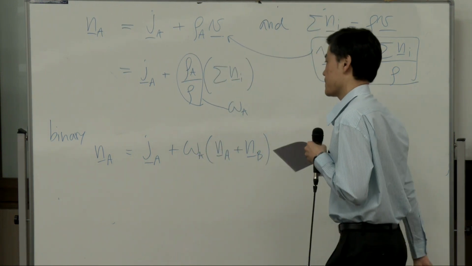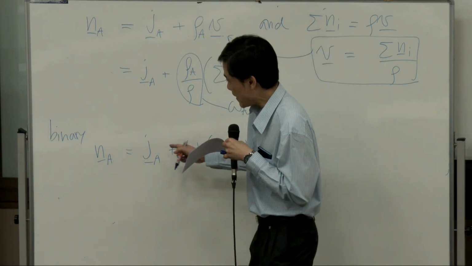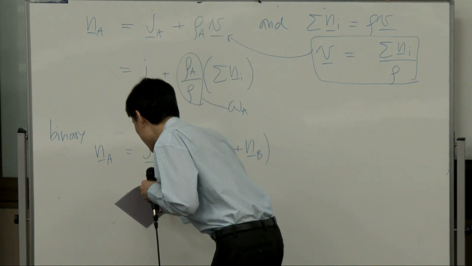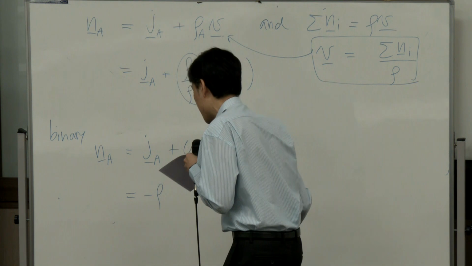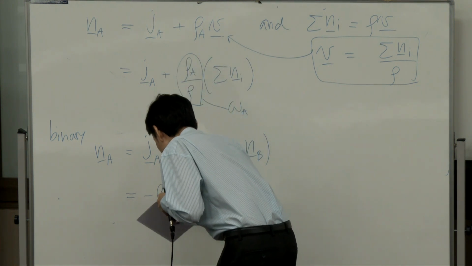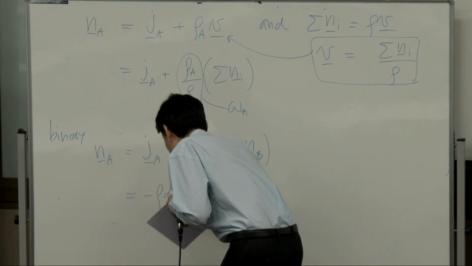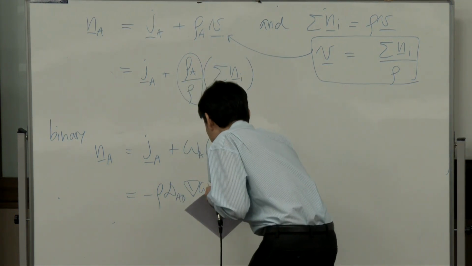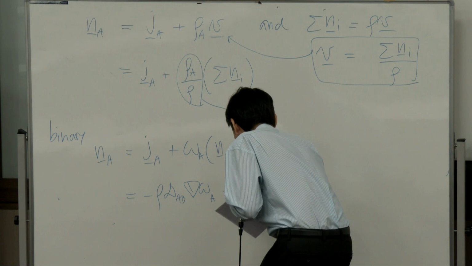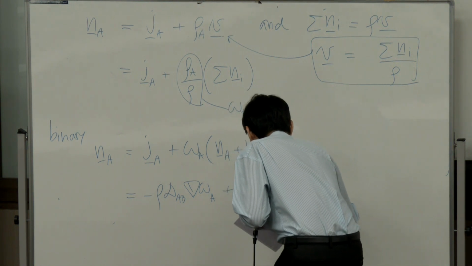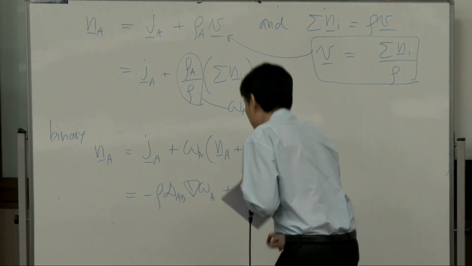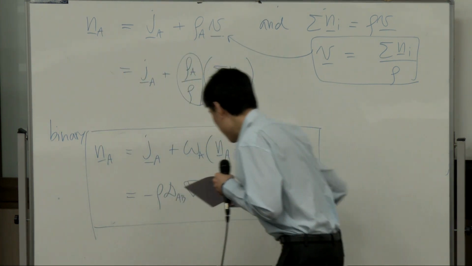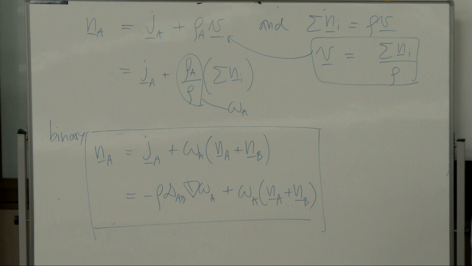Furthermore, if I consider binary system, this diffusion flux can be represented by Fick's law. That would be minus rho DAB del omega A plus omega A (NA plus NB). This will be used repeatedly in shell balance.